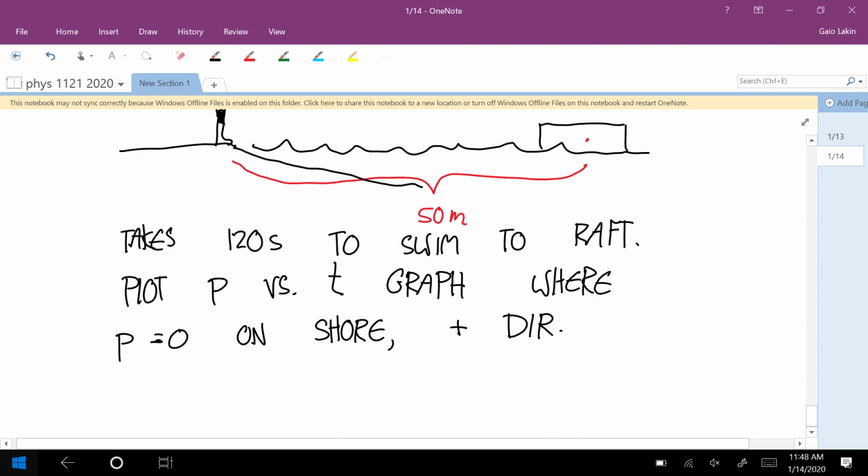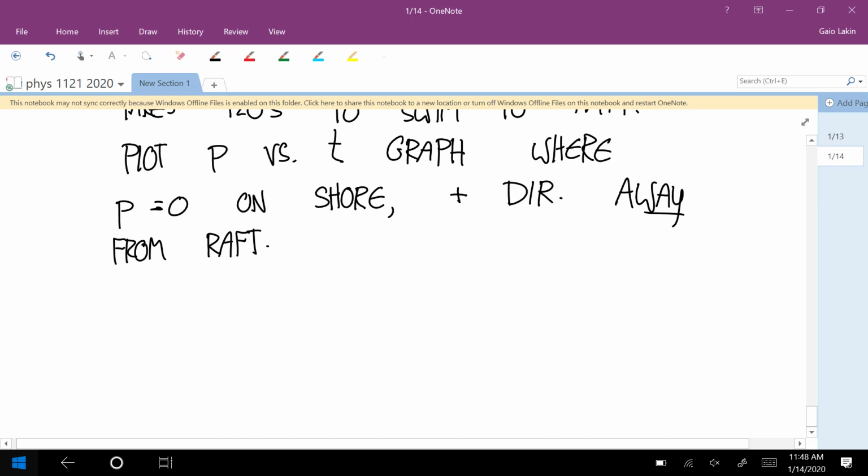Let's choose the positive direction away from the raft, so opposite the direction to the raft. Okay, so either way, the motion, so if this is the line that the swimmer's moving along, and he starts out here at the shore, and he ends up here at the raft.